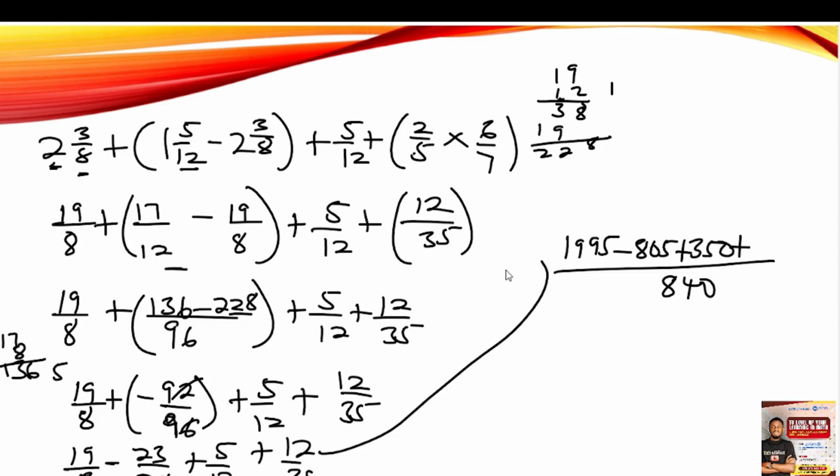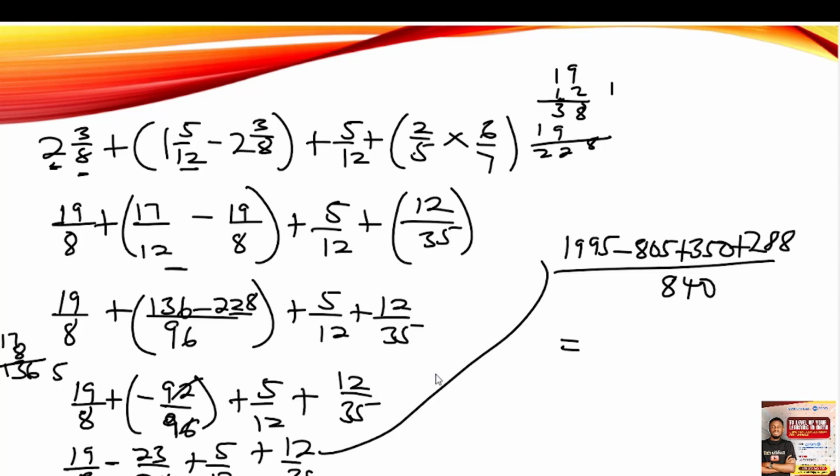Then 35 goes into 840 24 times. 24 times 12 gives us 288. So we are going to add all the numerators together. So we have 1,995 minus 805 plus 350 plus 288.